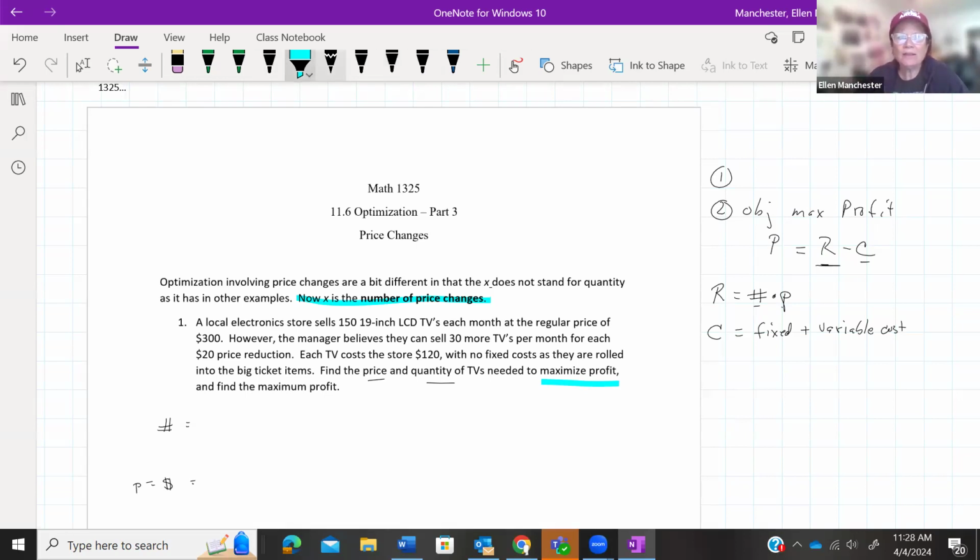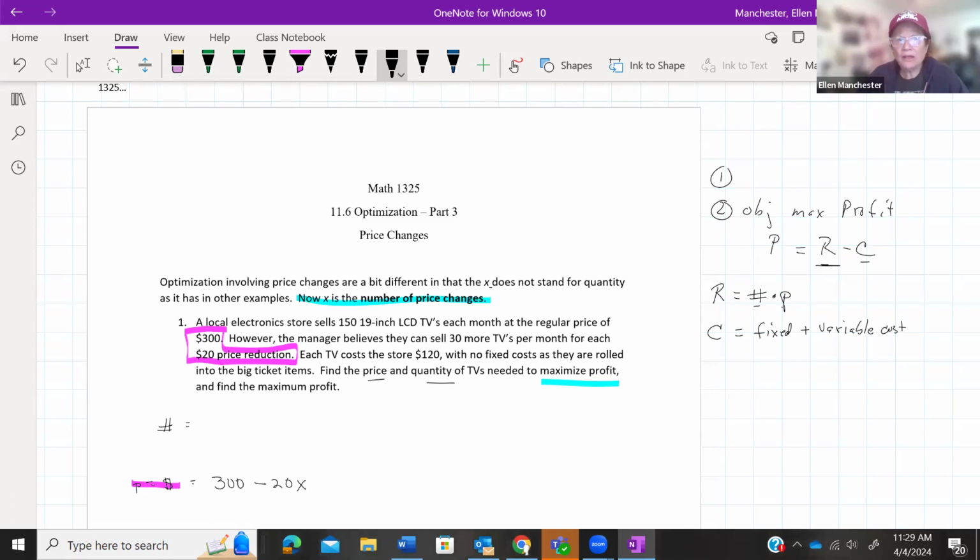What's nice is that this one just happens to set up this way. Do you see how these are both dollar amounts? That's going to be your price function. So you start with $300, but you reduce it by $20 every time you change the price.